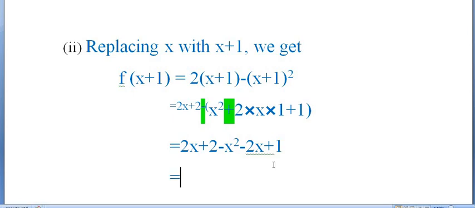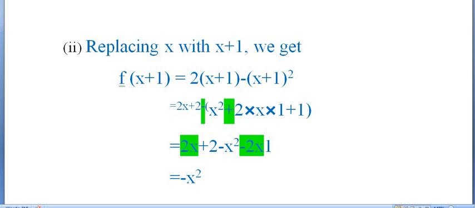Now you see very clearly, we can see here is 2x and here 1 minus 2x. So the balance, what do you get? We can write minus x squared. Here also I have made a mistake.